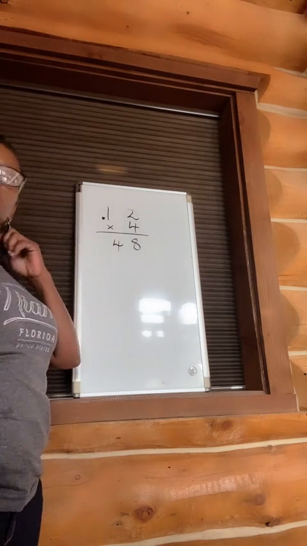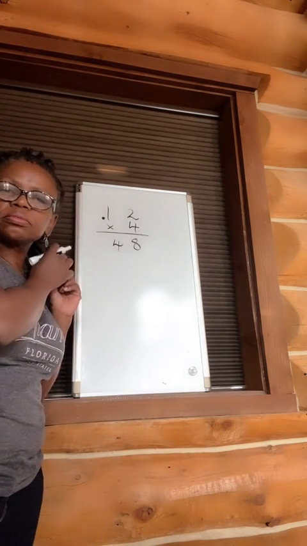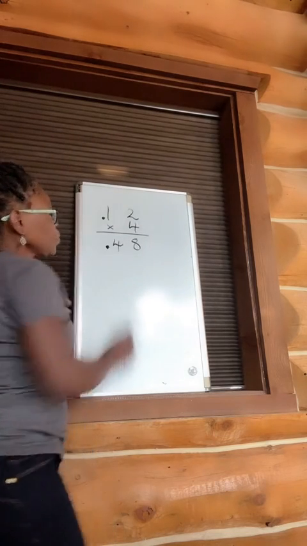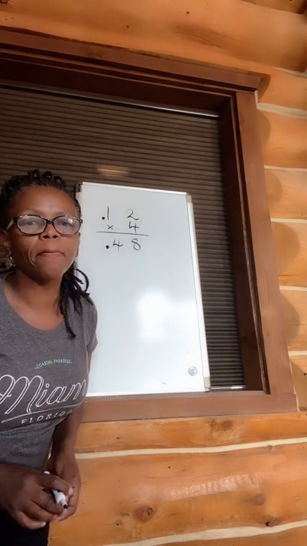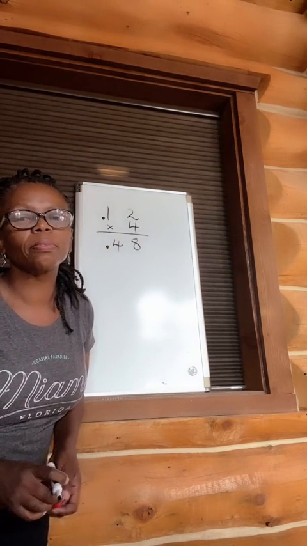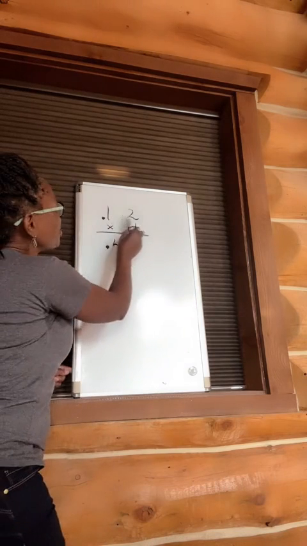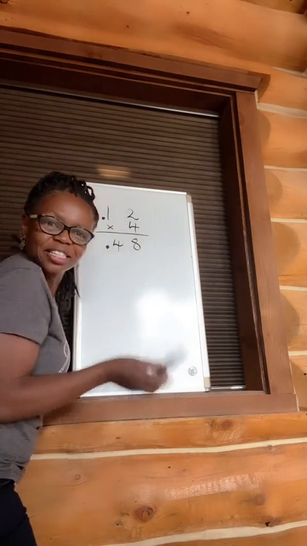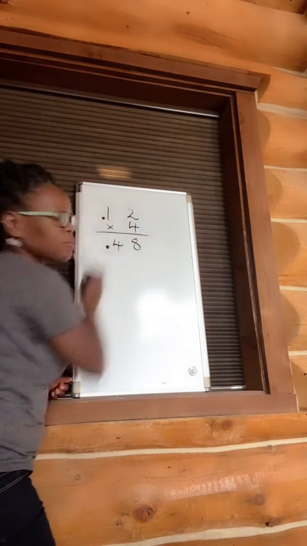What should it be? $0.48. Yes. Why? Because we have two numbers after the decimal. This number doesn't show us any decimal here. We can talk about that later, but we have two numbers after the decimal point.